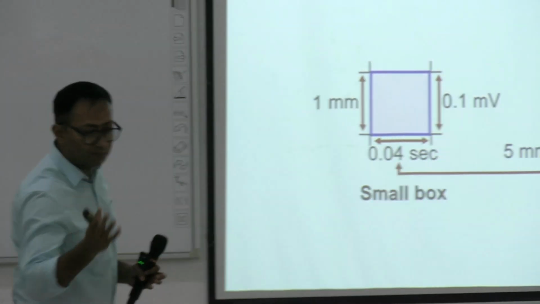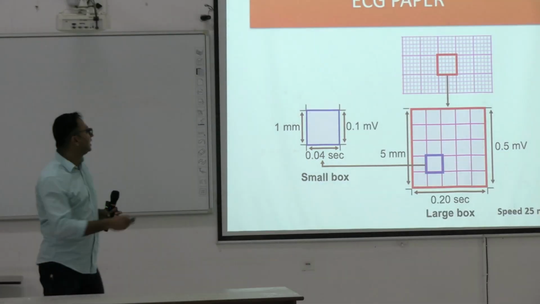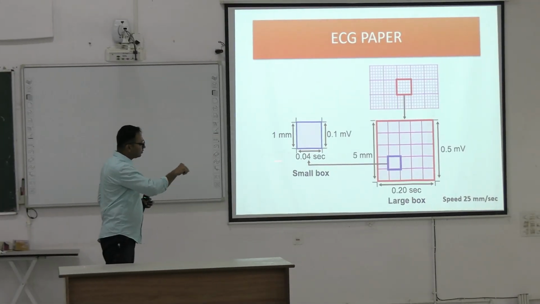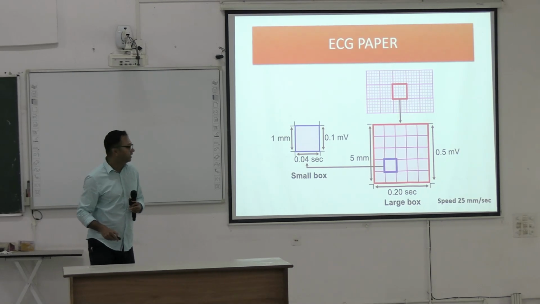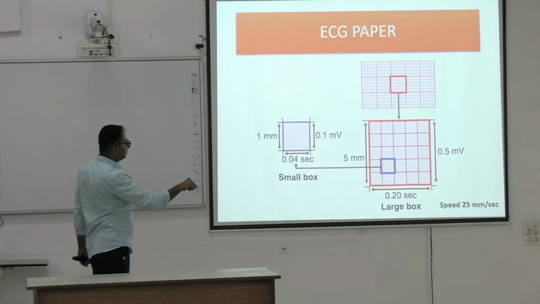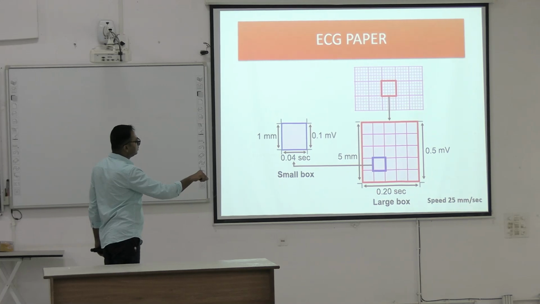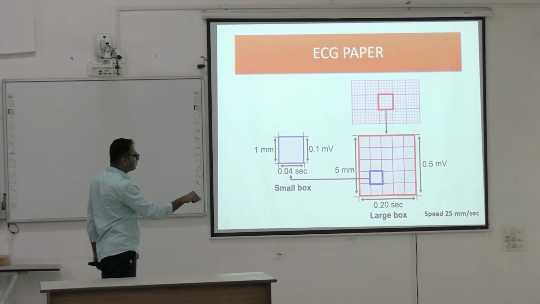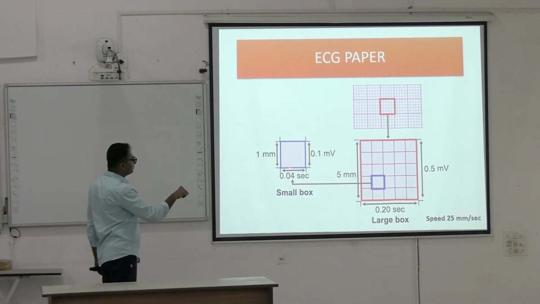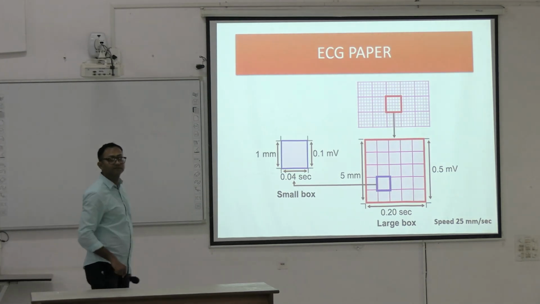So when someone is asking you about the interval, then you need to calculate according to the horizontal axis or x-axis. Okay, say for example, tell me the duration of this. This is 0.2 second. How? Because there are 5 small squares and each small square is 0.04. So 0.04 into 5, it comes to 0.2 second.